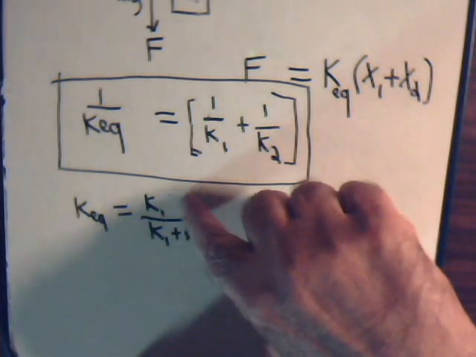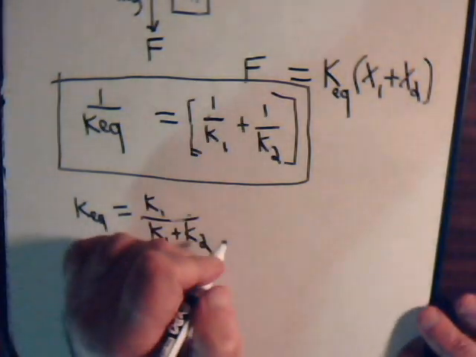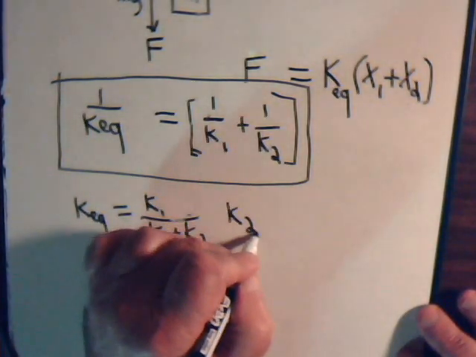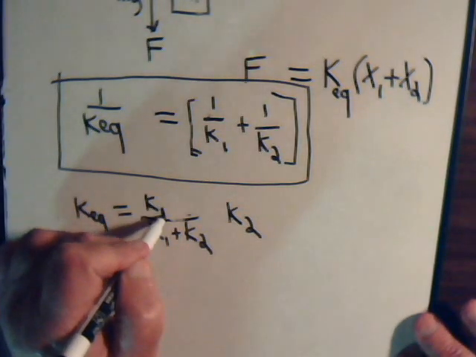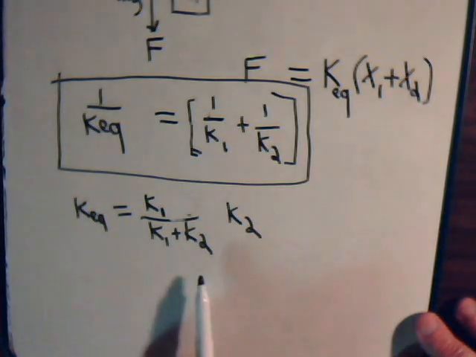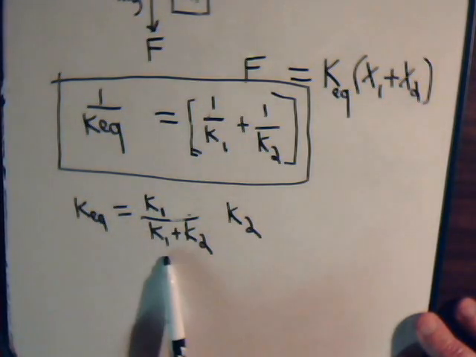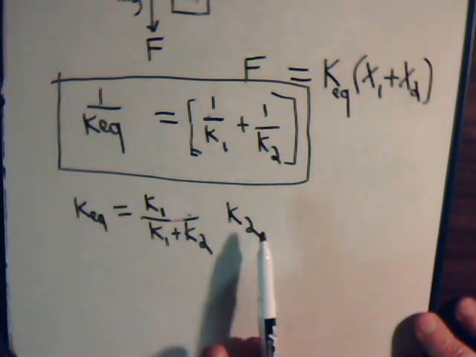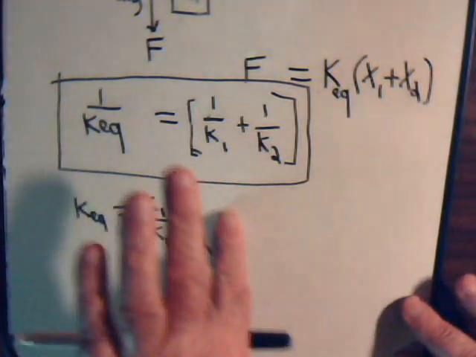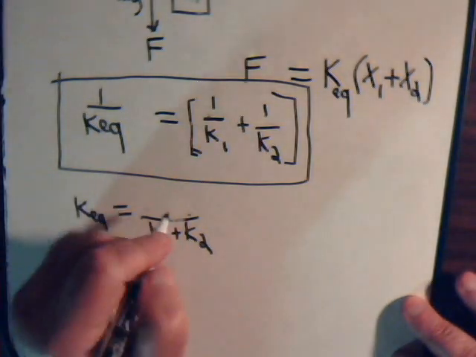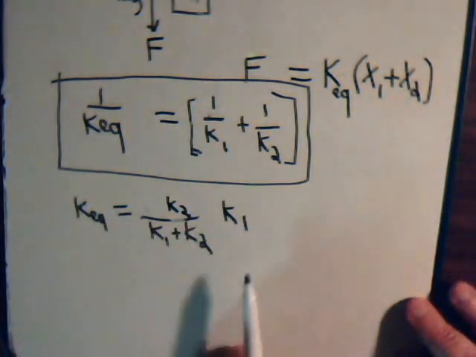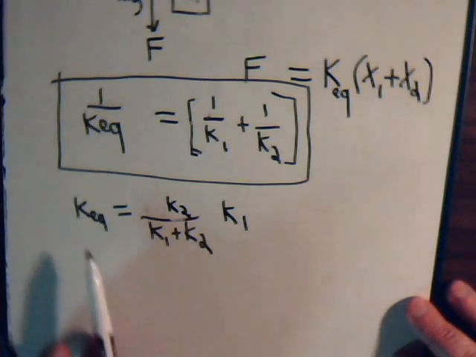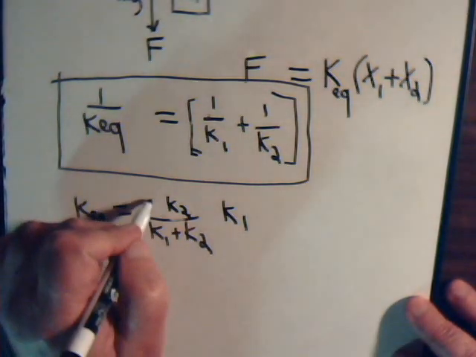So let's just write K2 over here to make it more clear. So obviously K2 is being multiplied by a fraction. It's being multiplied by K1, but K1 is divided by K1 plus K2. So of course this is just a fraction, therefore this is certainly less than K2. And of course we can also show, take K1 out, I'm multiplying K1 by a fraction now, so it's less than K1.